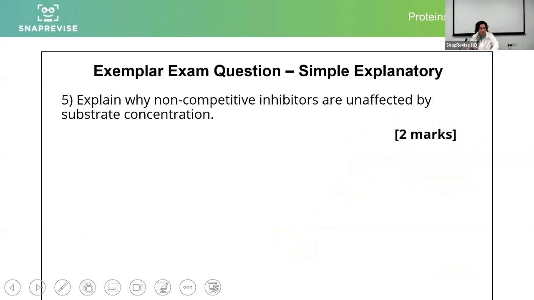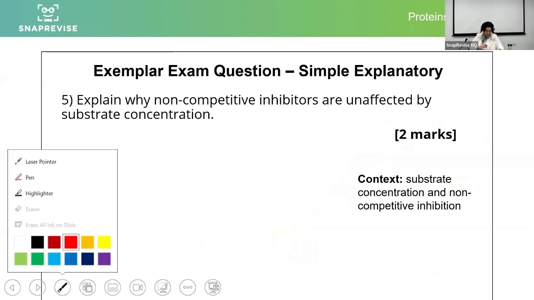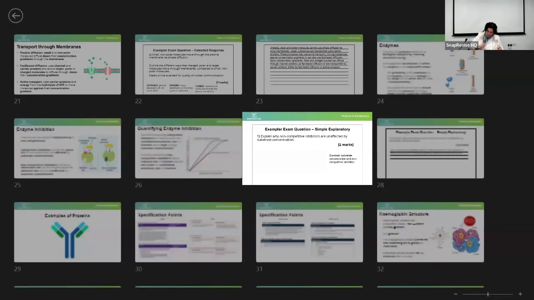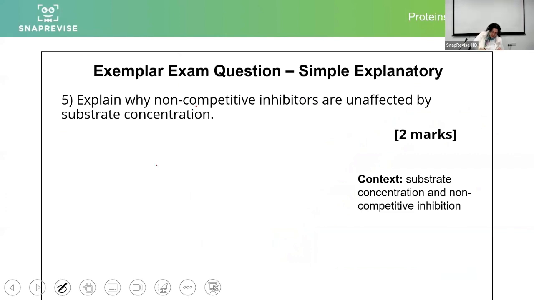Let's see an example question. It's a relatively short one. Sometimes they can be a bit longer. Explain. So, of course, my command word here is explain. Explain why non-competitive inhibitors are unaffected by substrate concentration.